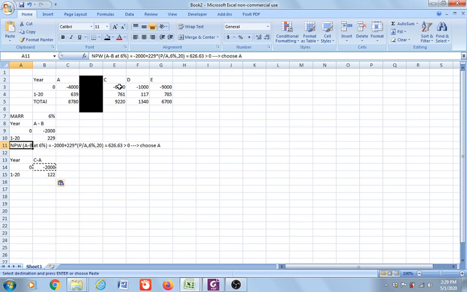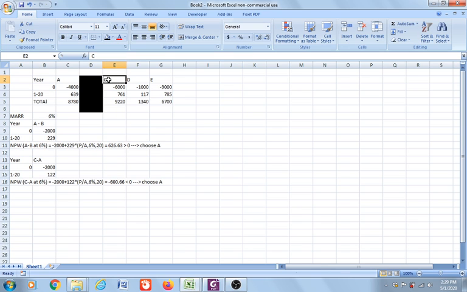So the NPW of C minus A at 6% will be minus 2000 plus 122 times P over A 6% 20, and the result will be minus 600.66, and it is less than 0. So because it is less than 0, we choose A. So A is the winner, so C is gone.